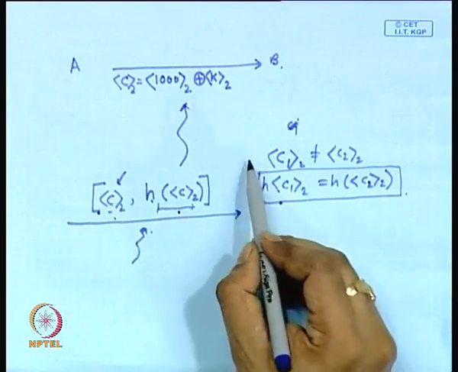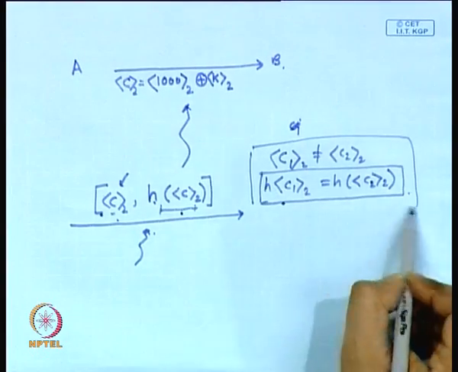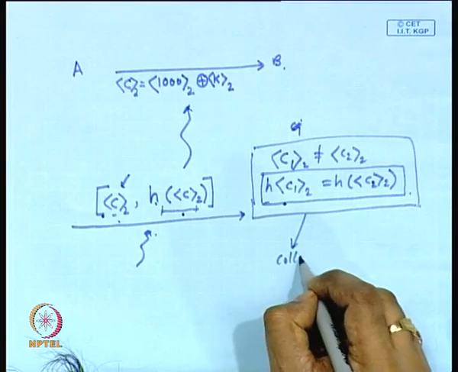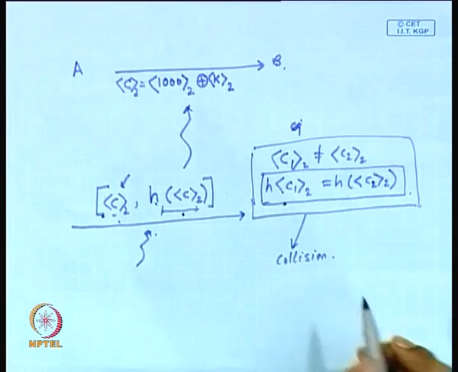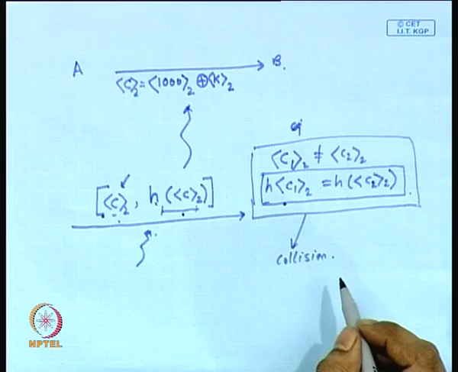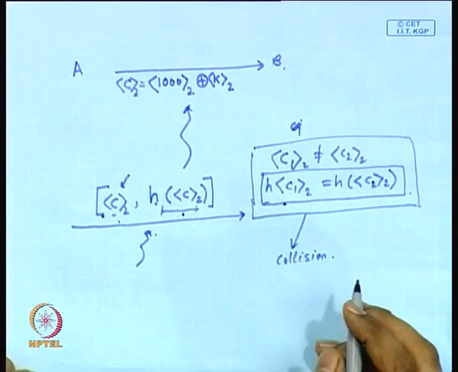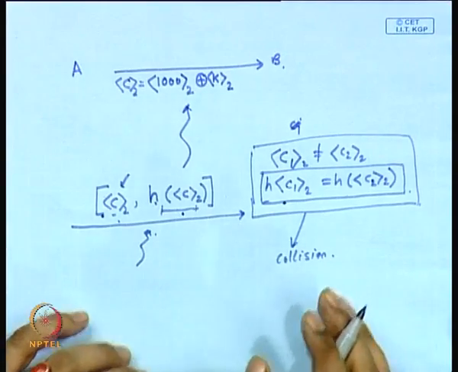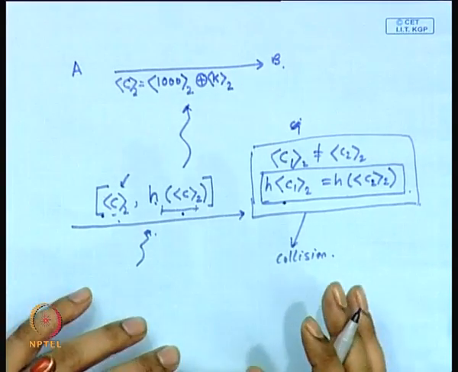So the hash function should not expose such kind of collision points. This is called a collision, and therefore the hash function should be collision resistant. I will come to these properties which the hash function should satisfy, but this is the basic scenario or basic objective for which these mechanisms are being developed.